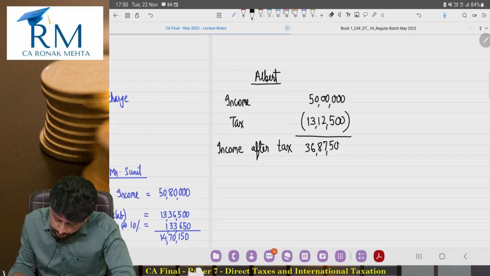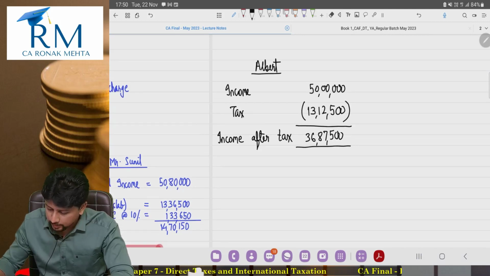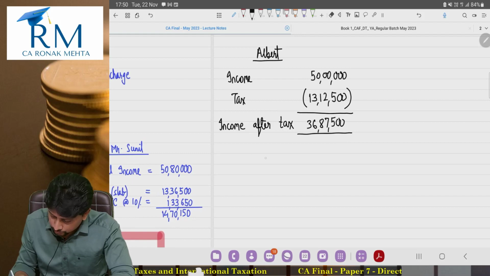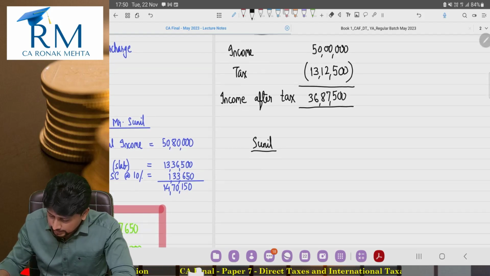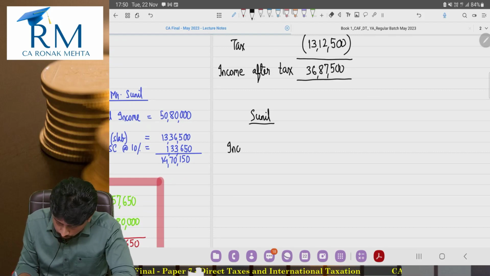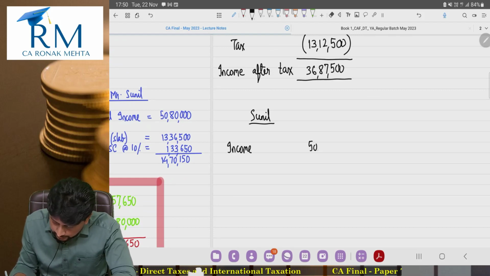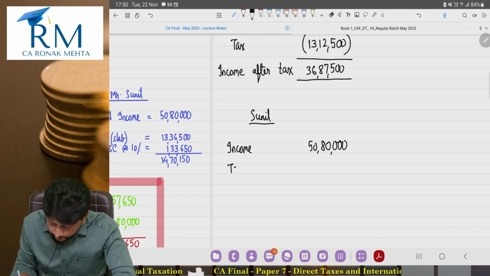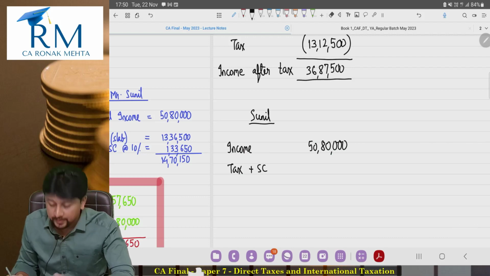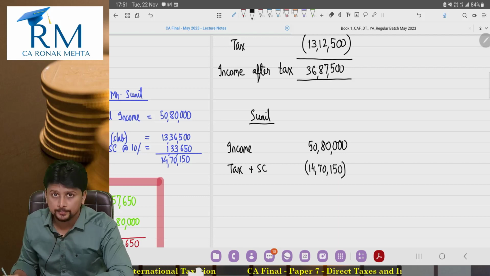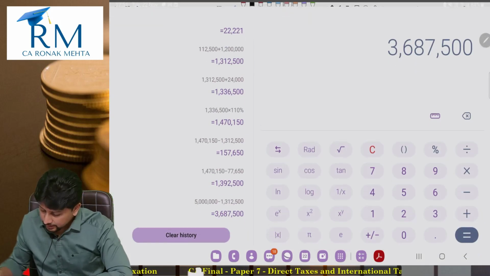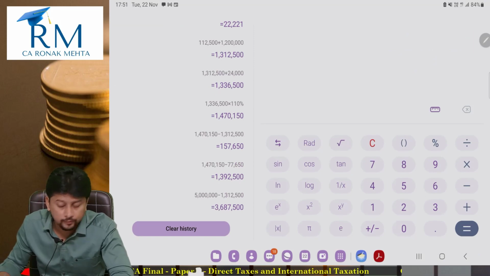Fine. But now let's compare Albert's situation with Sunil. How much income is Sunil earning? Sunil is earning an income of 50,80,000 and the tax plus surcharge that we were expecting from Mr. Sunil was 14,70,150, correct? Now, this is of course without marginal relief.